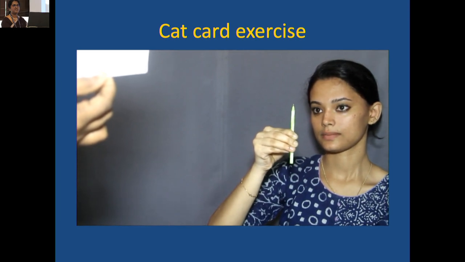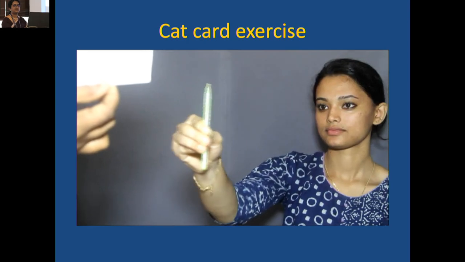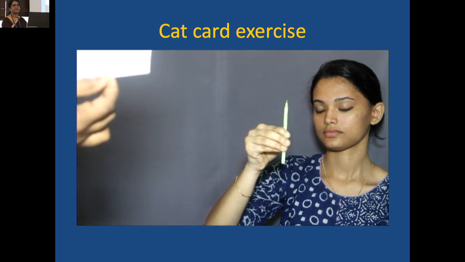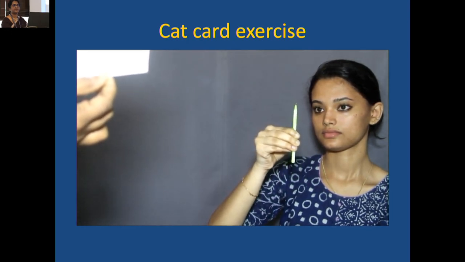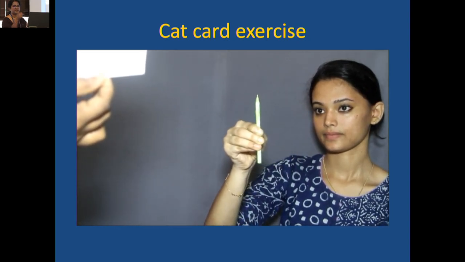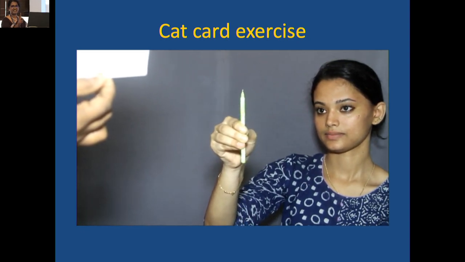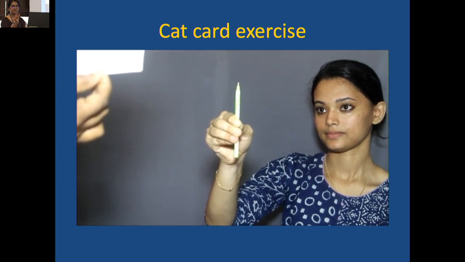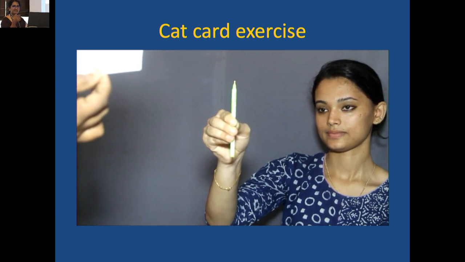All this time she was seeing the cat as two. At this point she says that she is seeing it as double, and now she is seeing it as single. When you see it single, you hold it there for a few seconds. Basically you are keeping your accommodation distance constant, and you are using only your convergence to see the cats. So that is how you do a proper CAT card exercise.